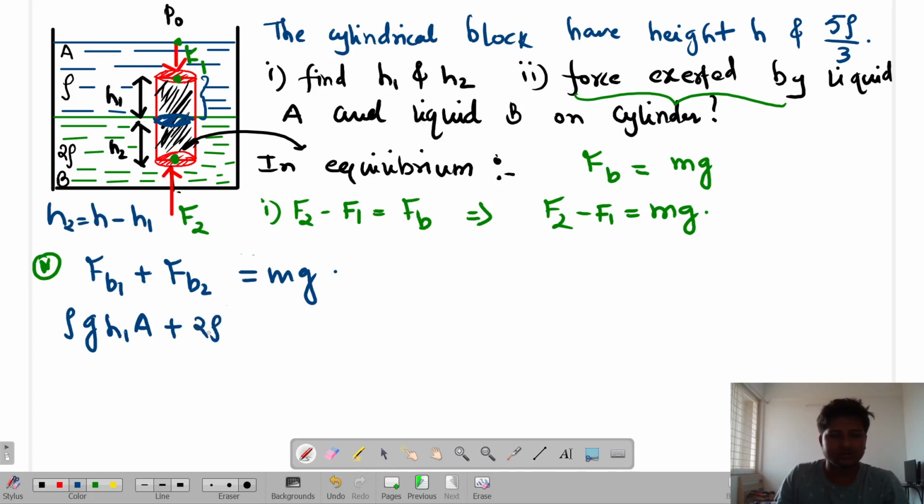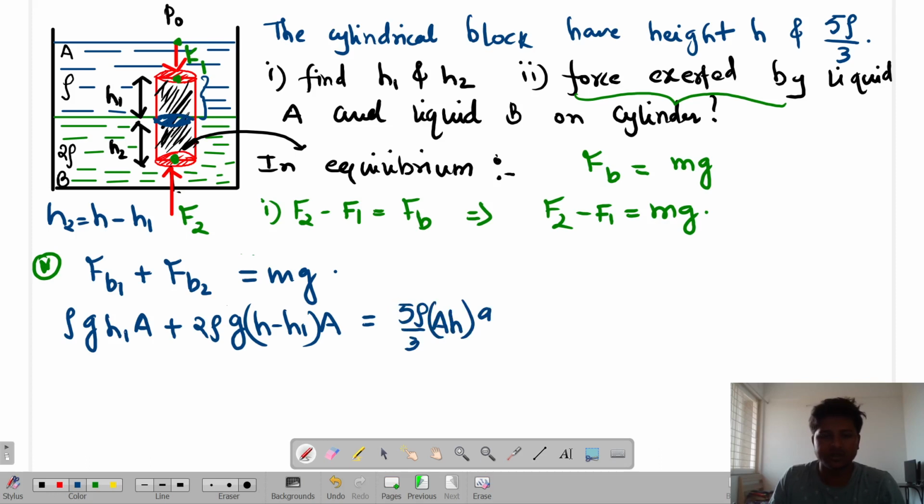So twice rho g, height H minus H1, into area of cross section A is equal to mg. Mass is nothing but density, density is already given, 5 rho by 3, into volume, density into volume into g.